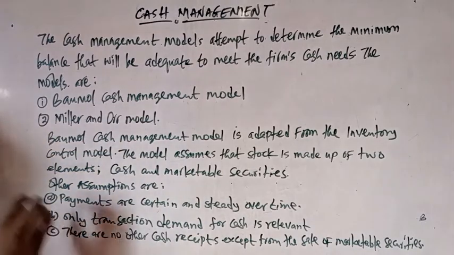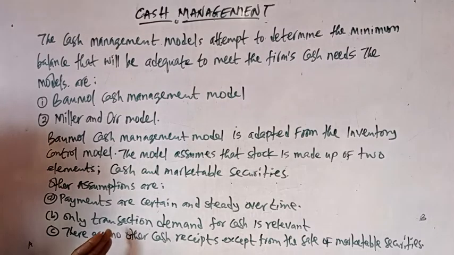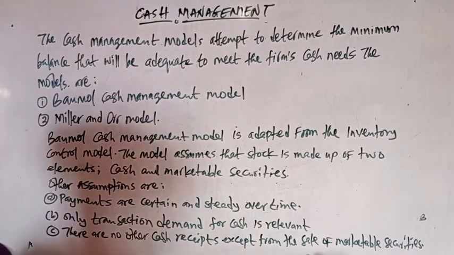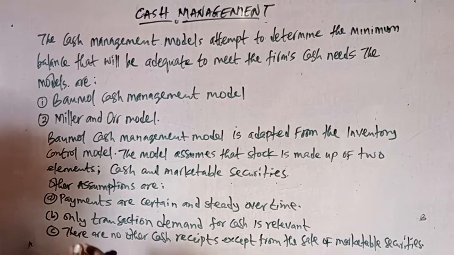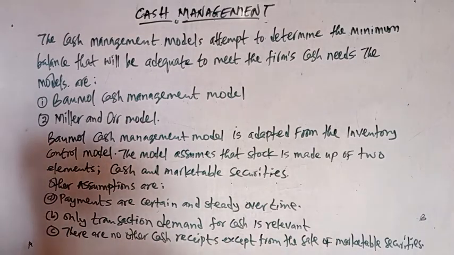Okay, B. Only transaction demand for cash is relevant. Therefore, any other transaction that does not involve cash movement is irrelevant in this situation. Then, there are no other cash receipts except from the sale of marketable security. It is assumed using the Baumol cash management model that there is no inflow of cash except from marketable security.